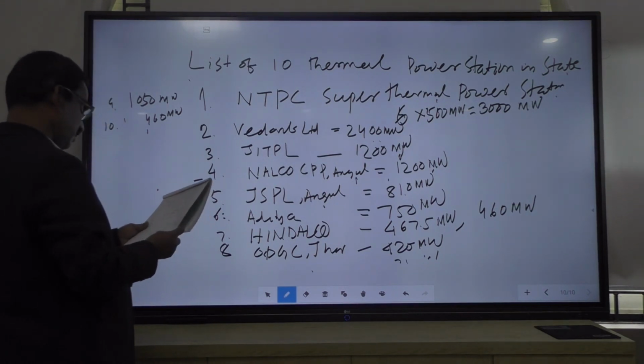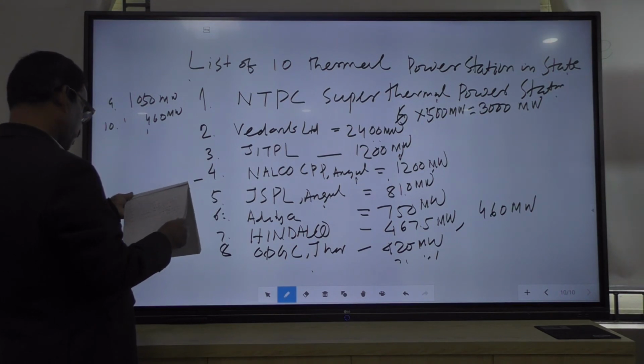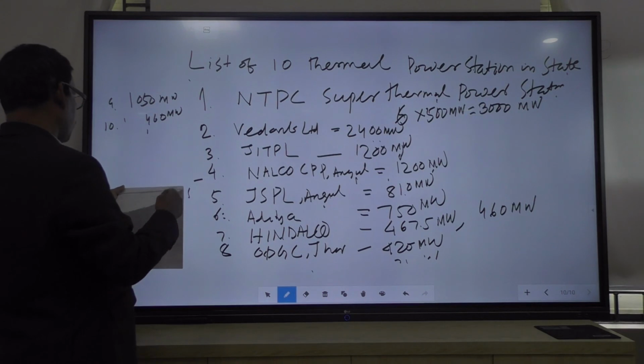So these are the 10 thermal power stations producing in our state.